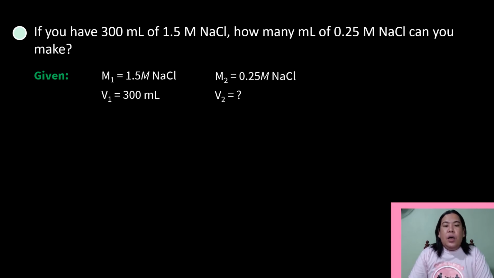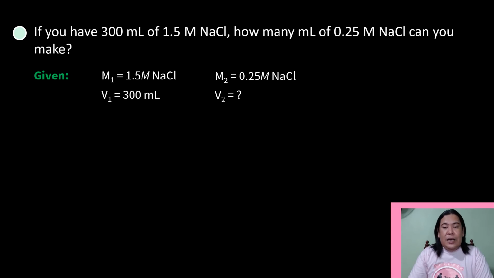In analyzing a dilution problem, laging merong dalawa dyan na pareho. Iti-take all nila yung condition: M sub 1 is greater than M sub 2, and V sub 2 is greater than V sub 1. So tignan nyo na kagad yon. In this particular problem, ang pareho ng value or unit is the molarity, that is 1.5 and 0.25.